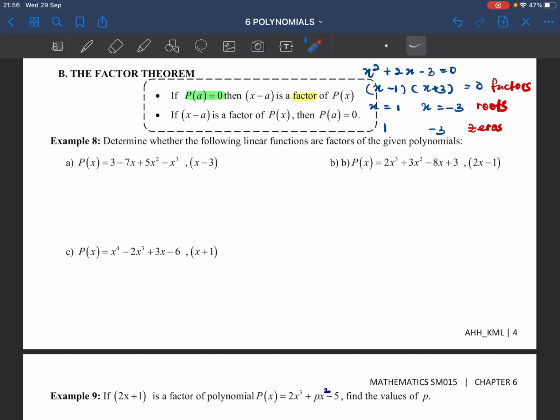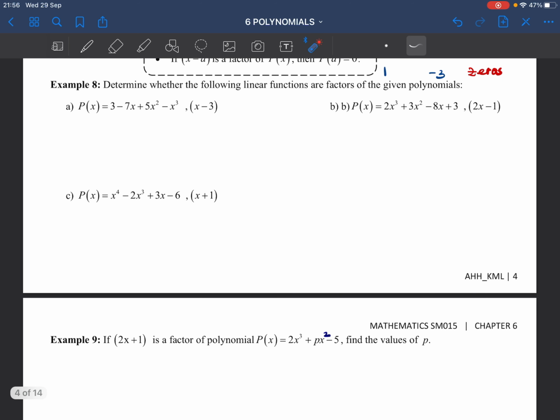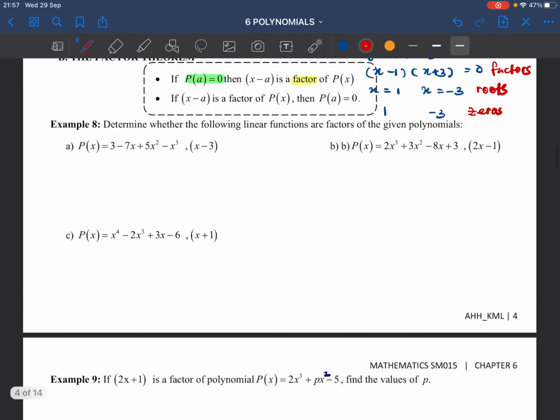Okay, alright, so let's just go straight into the first example here. Determine whether the following linear functions are factors of the given polynomial. So let's see. Is x minus 3 a factor of P(x)? So you know that your factor theorem, that if x minus a is a factor, P(a) is equals to 0. So now we just have to substitute. This is your root, x equals to 3. We just have to substitute 3 into this polynomial.